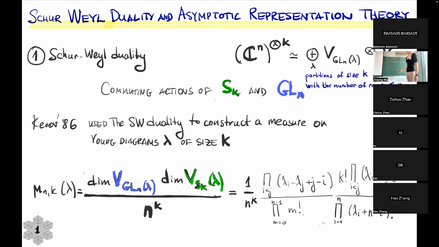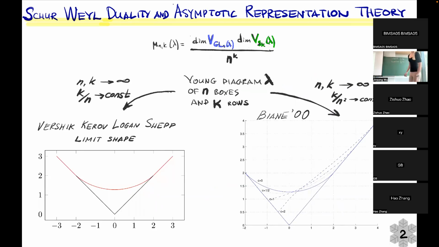Here it is possible to derive the explicit formula, because the dimension of the GL_N module is known, and also the dimension of the module of the symmetric group is known. And so the following expression for the measure was used by Kirov. So now using the Schur duality.